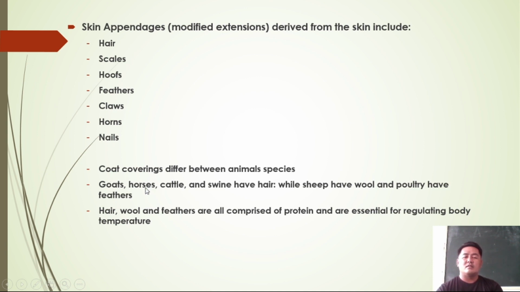Hair, wool, and feathers are all comprised of protein and are essential for regulating body temperature. So all these skin appendages are essential for regulating body temperature. The animal's skin appendages help them counteract the temperature outside.